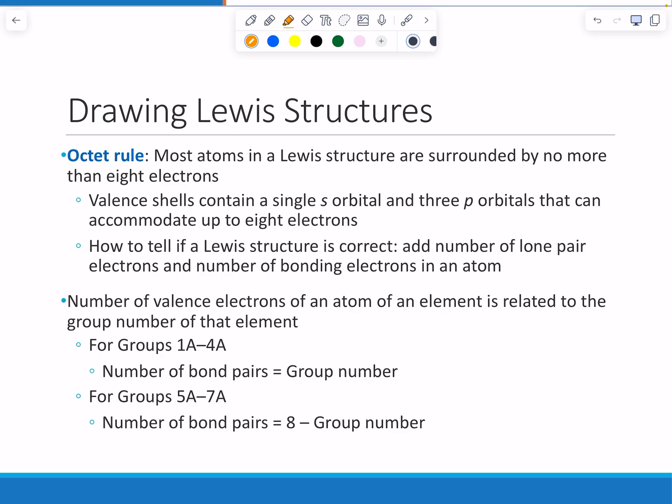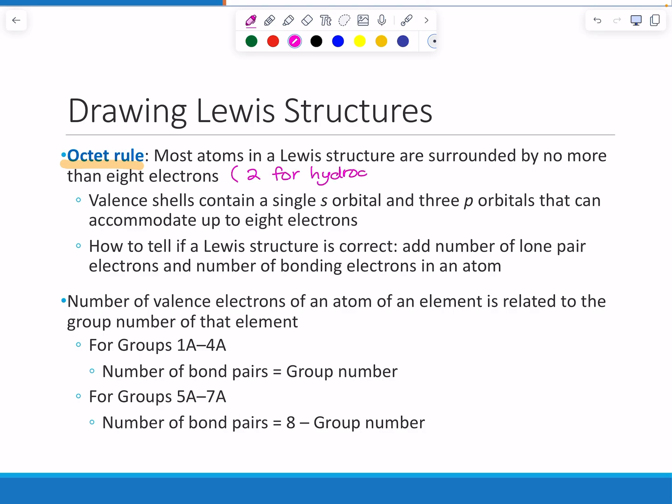But it works really well for molecules that are found in, say, organic chemistry and things like that. So this is the octet rule, and what it means is that your atoms are going to form bonds so that they can be surrounded by 8 electrons, or if you're hydrogen, it's going to be 2.